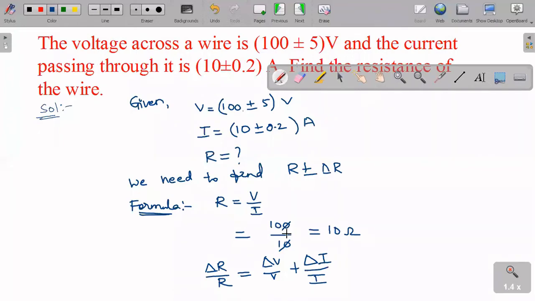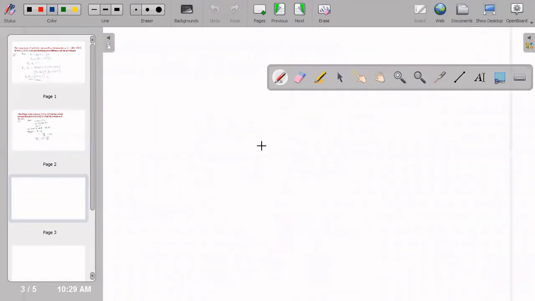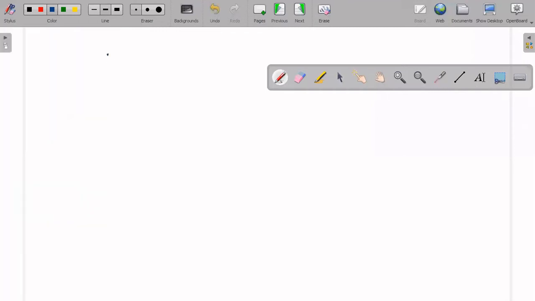So delta R is equal to delta V by V plus delta I by I, and the denominator R I am bringing to the right side.